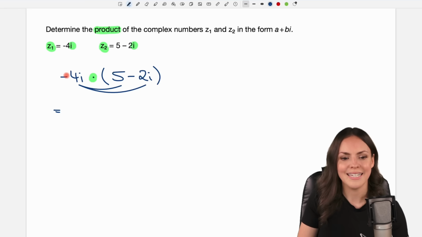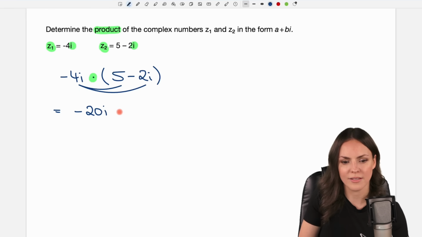So to get rid of the parentheses, we multiply each element of the parentheses by our -4i. So we have -4i times 5, which gives us -20i. And then we have -4i times -2i. So minus times minus gives us a plus. Then the numbers 4 times 2 equals 8. And then the i times i equals i squared.